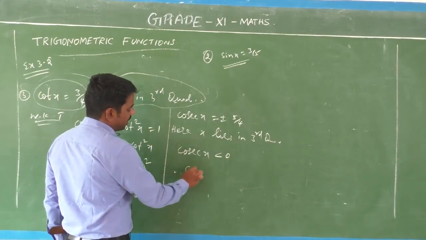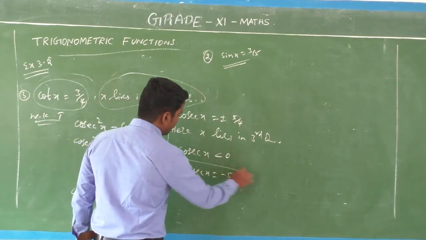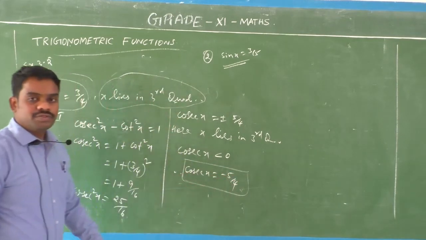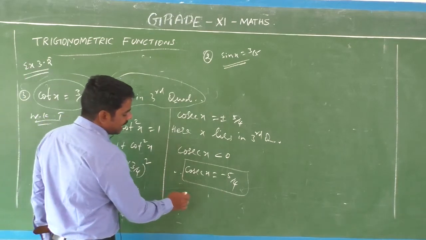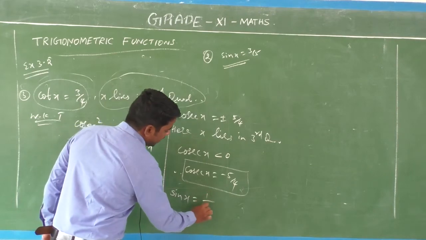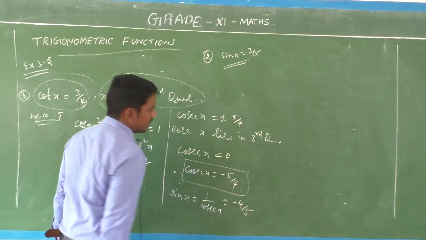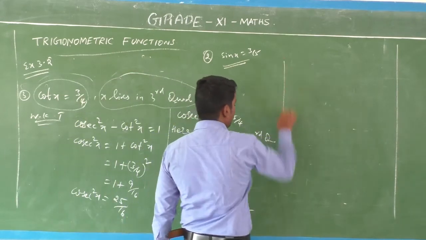Therefore cosecant x value is minus 5 by 4. Next, sin x value: you know that sin x equals 1 by cosecant x, which is minus 4 by 5. Sin x value is minus 4 by 5.